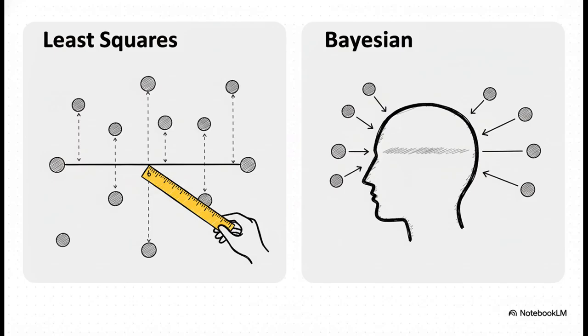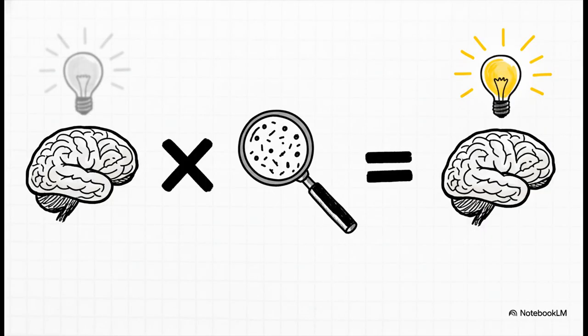Then we'll treat the data as new evidence to update that belief into a smarter, more informed theory, which we call the posterior. And this is the whole Bayesian idea in a nutshell. Your new belief, the posterior, is a product of the evidence from the data, that's the likelihood, and your old belief, the prior. It's really just a beautiful mathematical way of describing how we learn from experience.